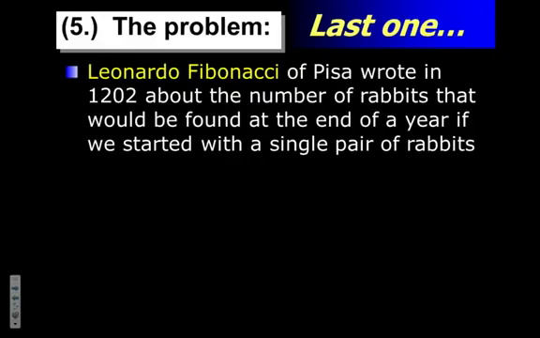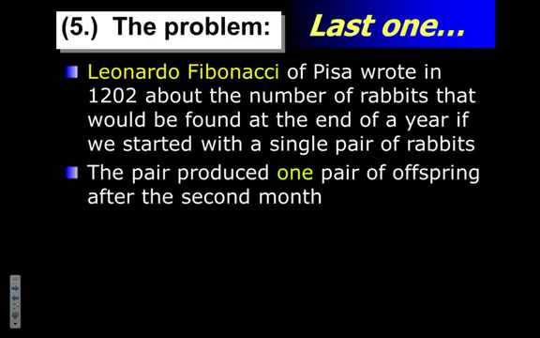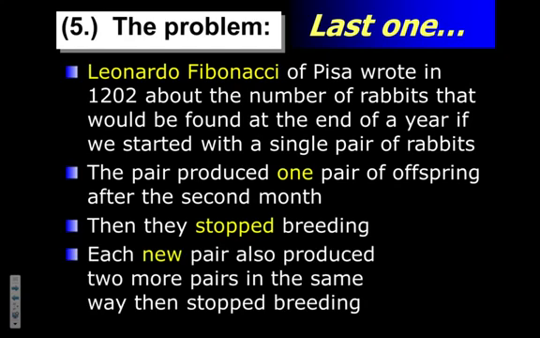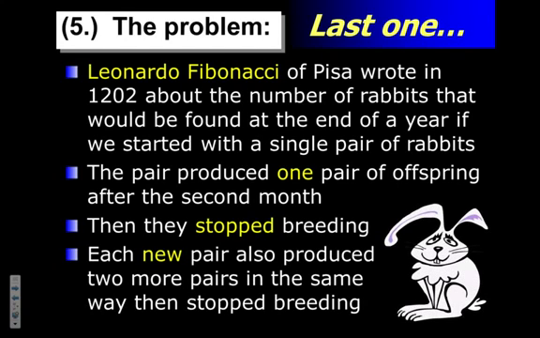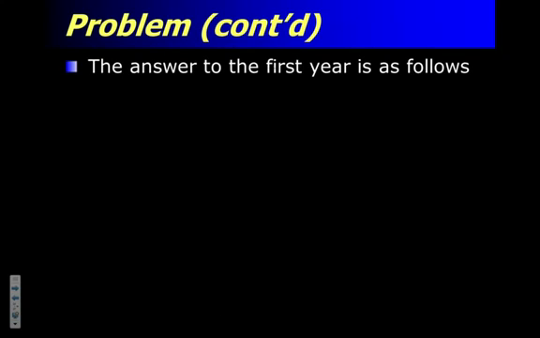Now, I don't know how much biology you kids have studied, but if you know anything about rabbits, they breed a lot, and they breed fast, okay? And they breed quickly. So the way he found is there was a pattern here. The pair would produce a pair of offspring after the second month, and then they would stop breeding. And each new pair of rabbits would produce rabbits after the second month, and then stop breeding.